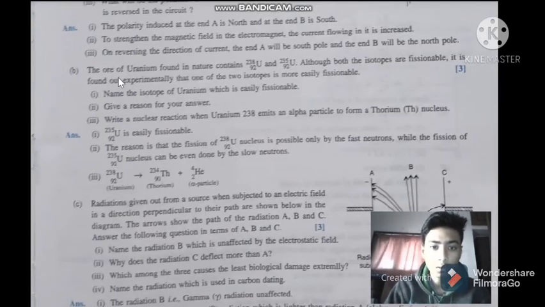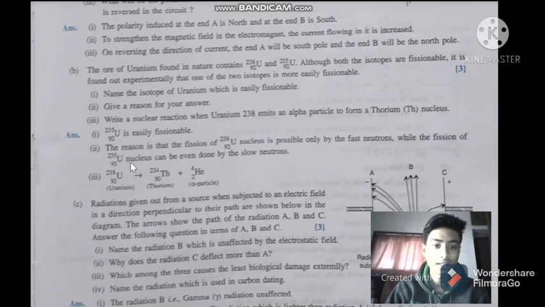It's saying an ore of uranium is found in nature containing uranium 238 (92) and uranium 235. Although both of these isotopes are fissionable, it is found experimentally that one of these isotopes is more fissionable. Name the isotope which is more fissionable. It is 235, which is easily fissionable.